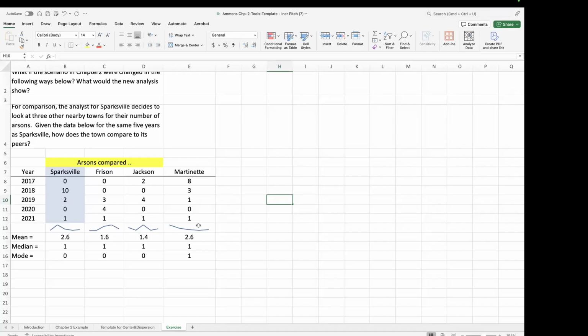It has the spike towards the middle, but it is nowhere near what the spike in Sparksville is of 10, but visually, how it's presented here, it could be misinterpreted to say that it had the same amount of arsons just later in time. I think that's something you would want to ensure that you clarify or explain in the dialogue or description of it.